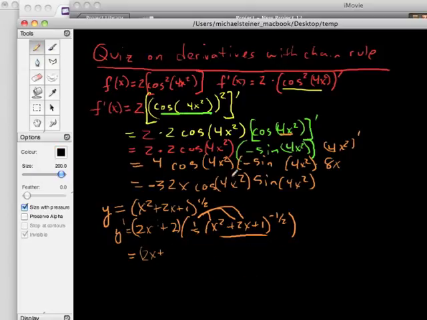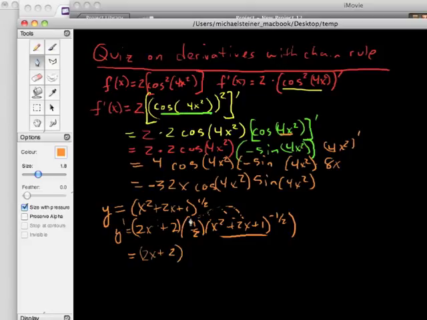but at this point, if we did get to this point, you should have seen that since these are all being multiplied together, let me get this junk out of here. Since these are all being multiplied together, we have 2x plus 2 times 1/2 times x squared plus 2x plus 1 raised to the negative 1/2.